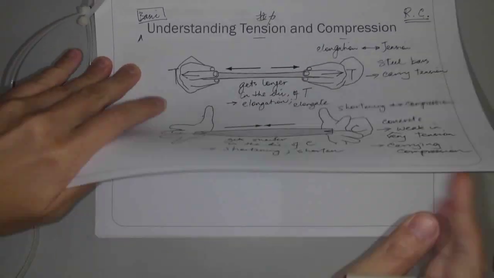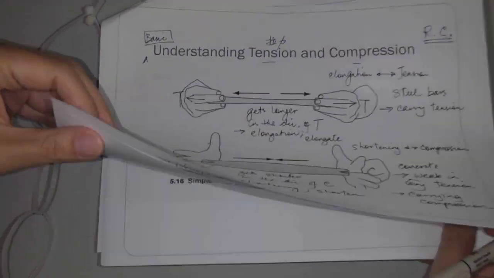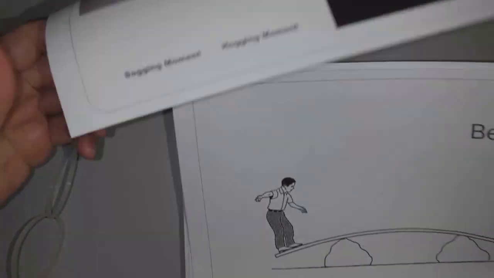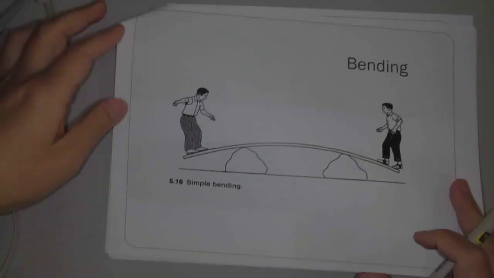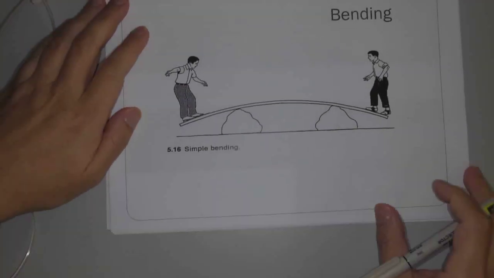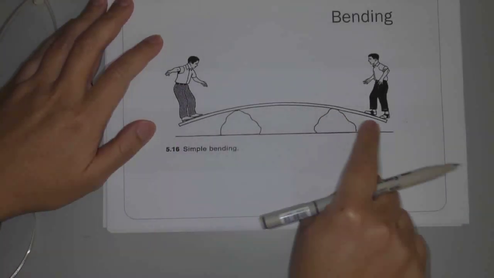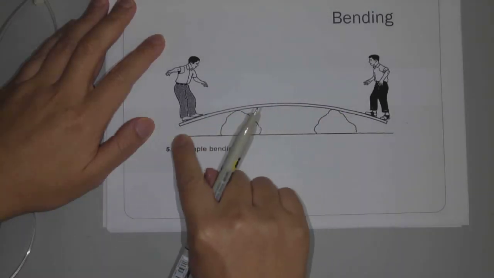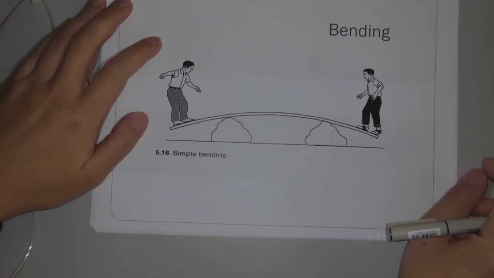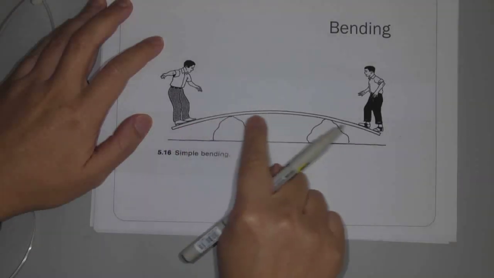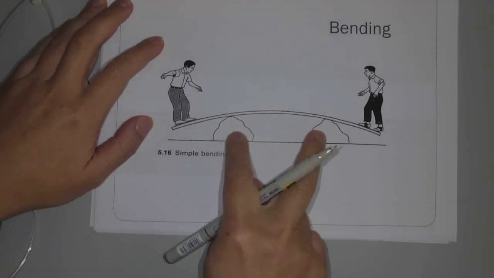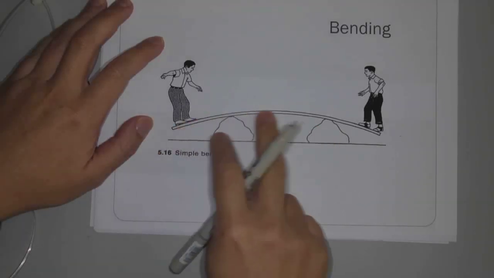The most simple example is, let's skip this slide first. I'll come back to this in a minute. That should be simple enough to demonstrate what exactly is bending. So you can imagine you have a beam like that, and you've got two supports, no matter if they are columns, walls, whatever.